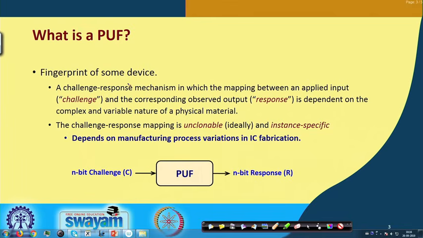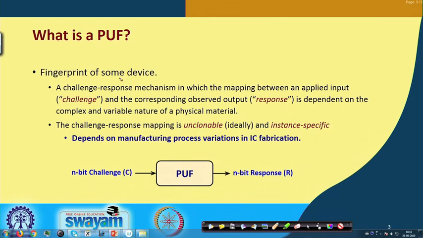In the same way, whenever I design some hardware circuit and IC chip, there must be something which should be unique to that IC chip. It can act as some kind of a fingerprint of that particular device. So, PUF is defined as the fingerprint of a device.